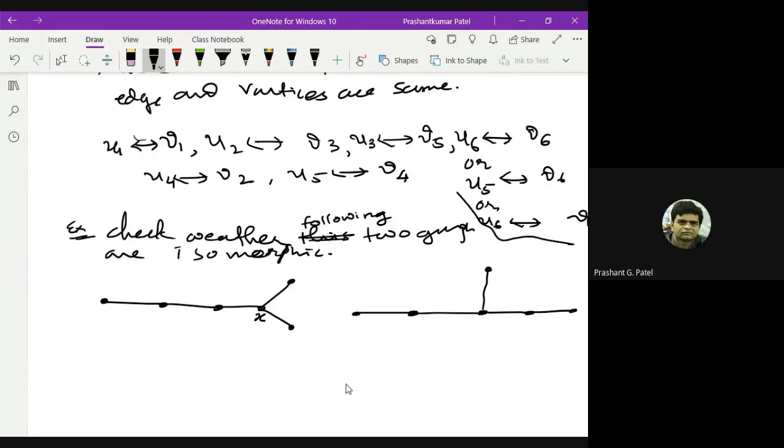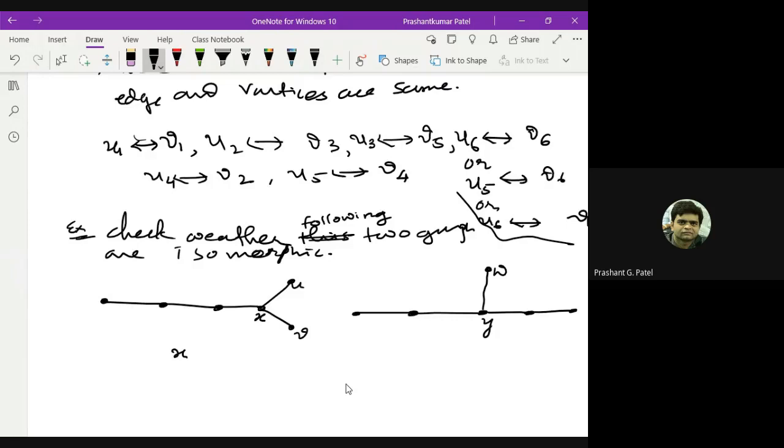No. So let's say here, this is my Y and this is W. And if I say this is U and V, then this X must correspond to Y because the degree of X and the degree of Y are the same. All others have degree 1 or 2. This has degree 1, this has degree 2, this has degree 2.